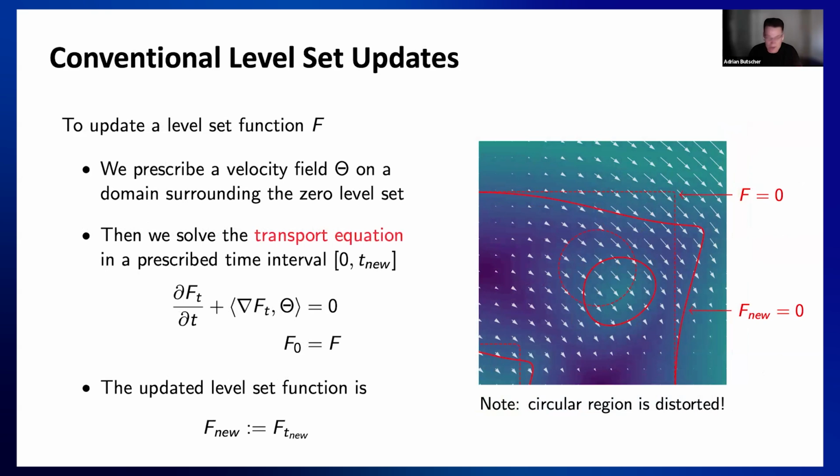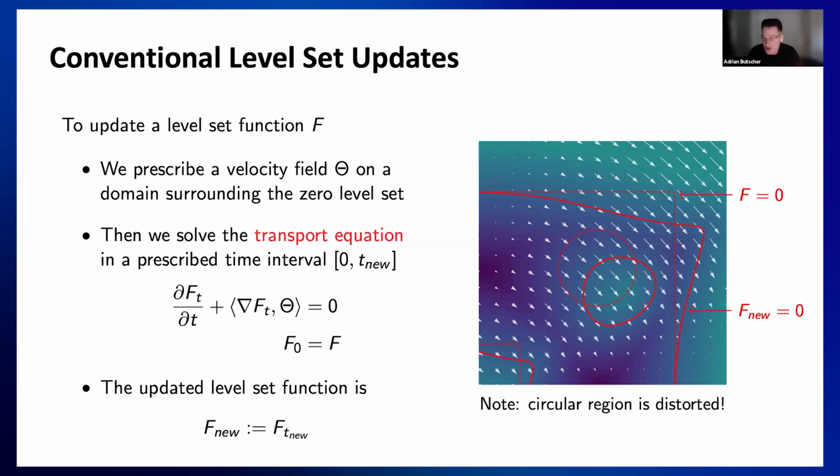A velocity field is prescribed on the domain that surrounds the geometry of interest, and then you integrate that velocity field forward to move the domain. In other words, you solve the transport equation for the level set function, allowing it to be transported along the vector field for a short amount of time, and you determine that time typically by a line search procedure. And then the updated level set function is simply the transported level set function at the final time.